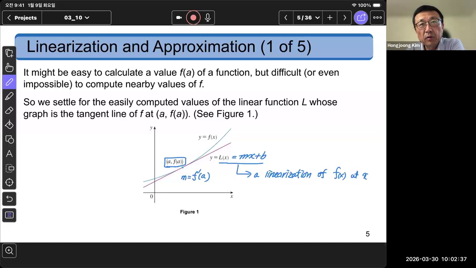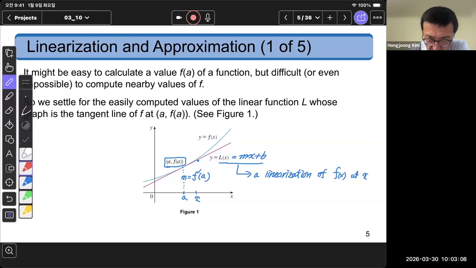Okay. So here is the a, and if your x is very close to a, then the value L(x) will be a good approximation to f of x, right?